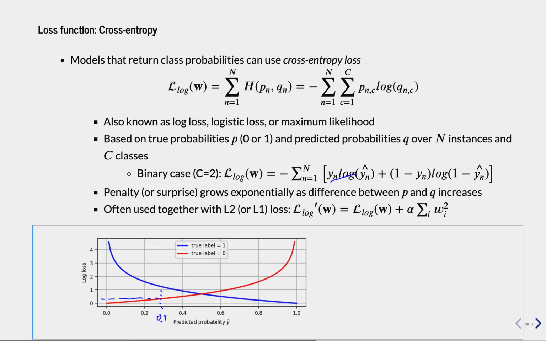Now, sometimes we call this penalty the surprise. This is sort of the human equivalent of being surprised by something going wrong, right? So say that you think, I'm 50% sure that something will happen.